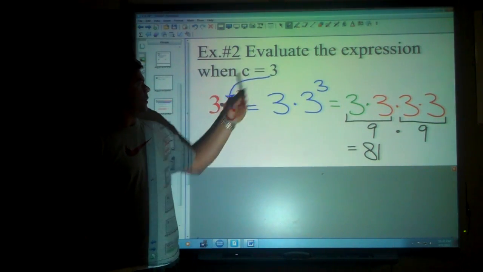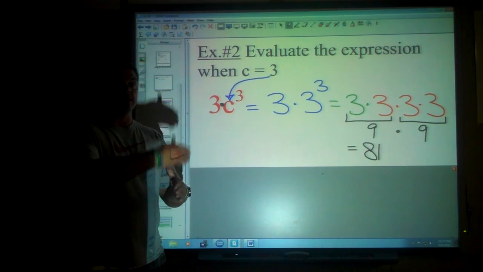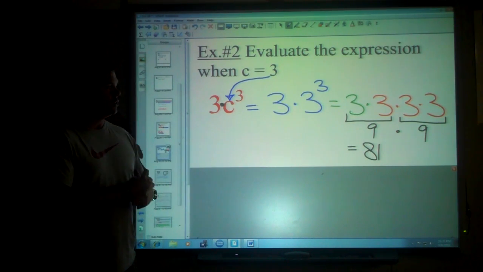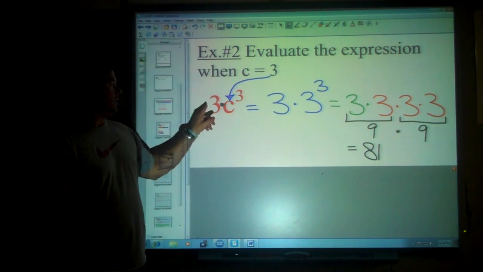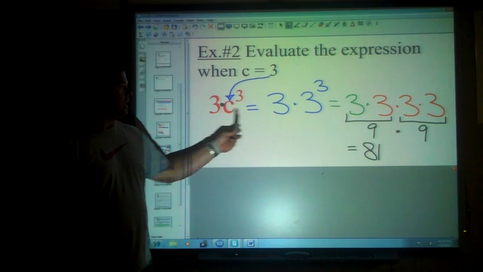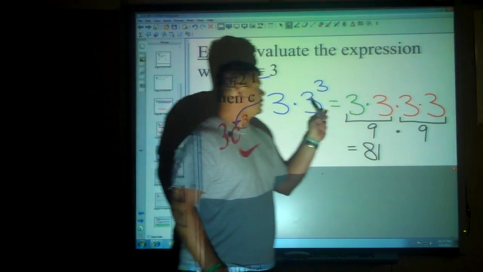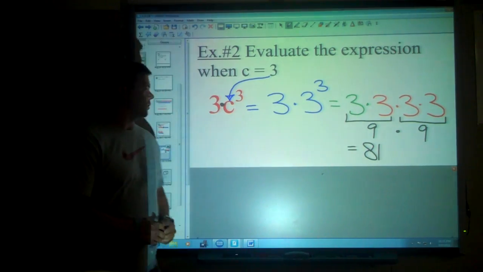So if we evaluate this expression, we put the 3 in, 3 to the third power, 3 times 3 times 3 is going to equal 27, multiplied by this leftover 3, and we'd end up with 81. Had this not been a 3, if this was like a 4 or it was a 10, then I would still want to do these exponents first, and then multiply my answer by whatever was left out.